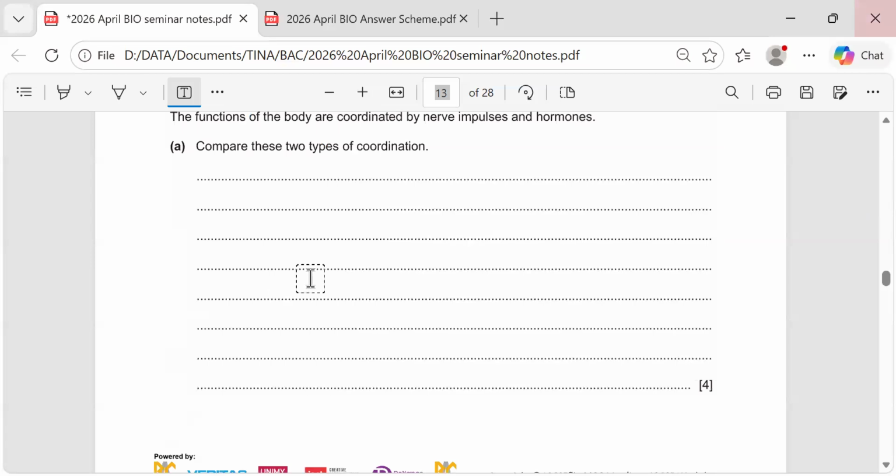Okay, compare these two types of coordination.